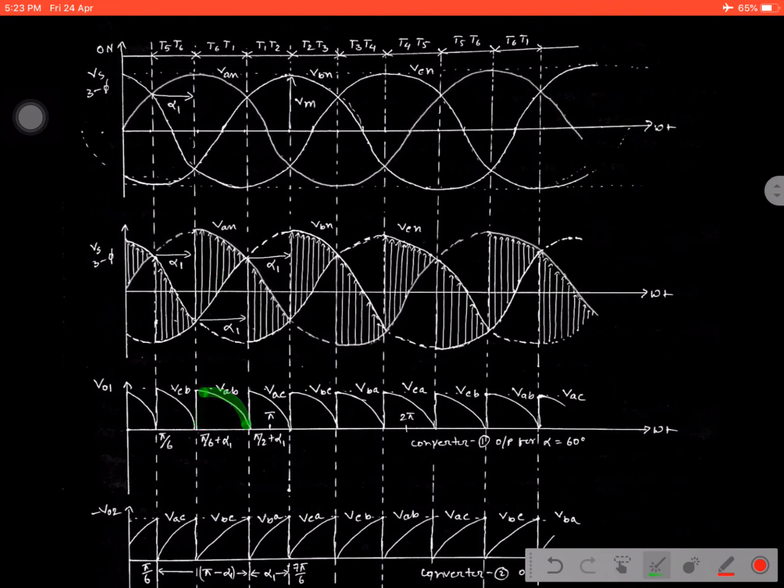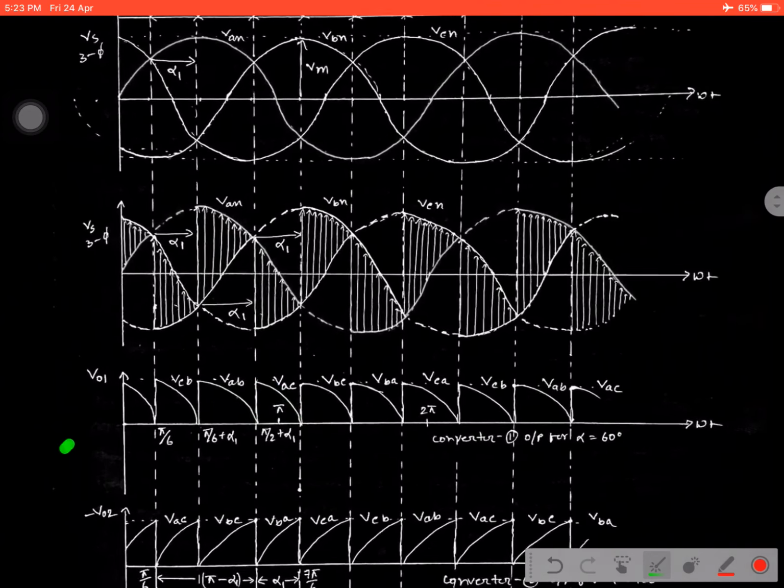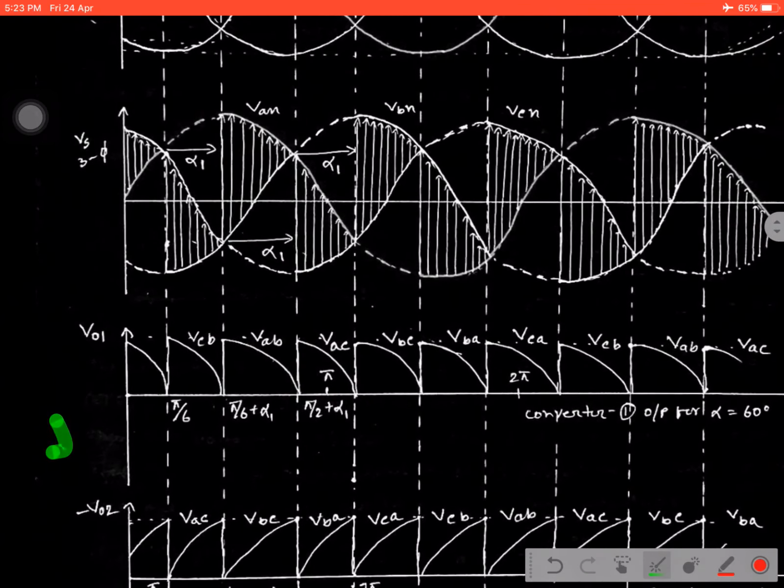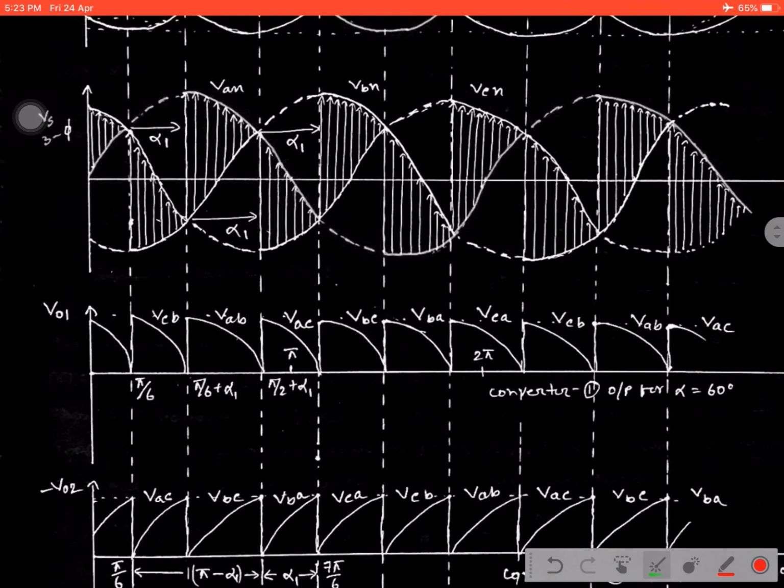Similarly, the voltage difference VAN minus VCN is VAC. That means it's a normal working state for converter 1. From the circuit diagram we can easily say the first converter is useful only for the positive peak purpose. It is applicable only for the arrows which are given over here.